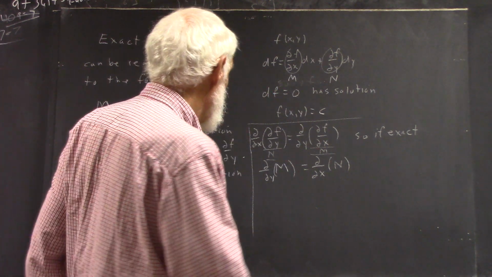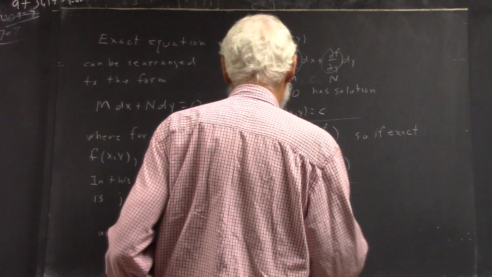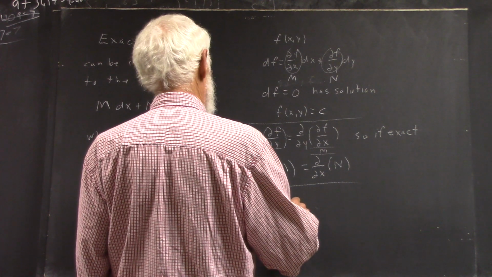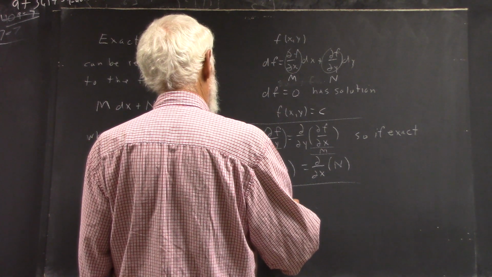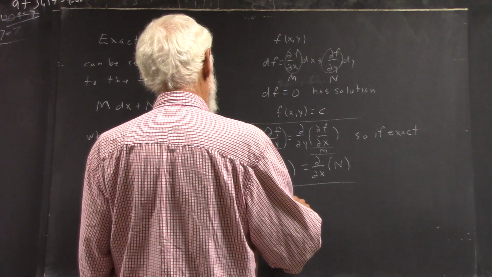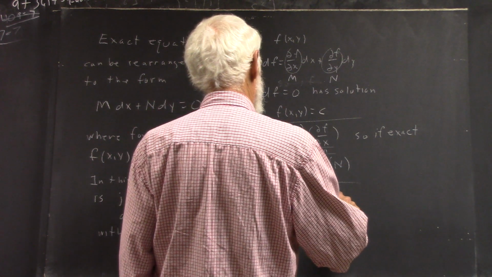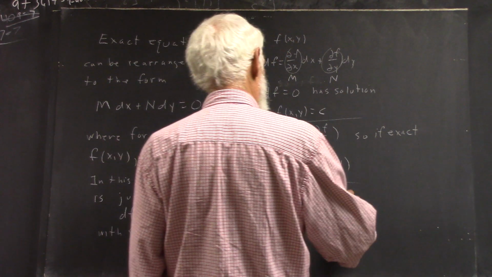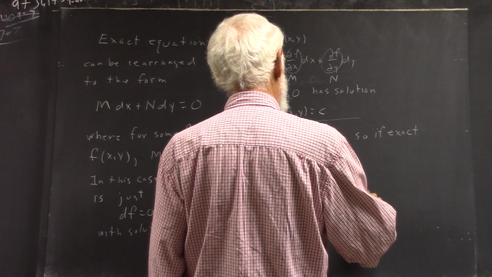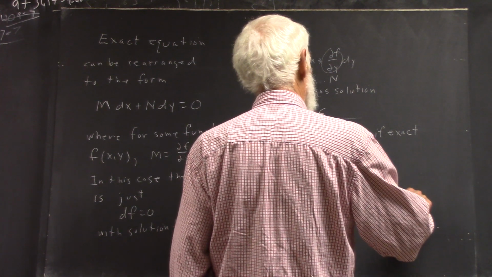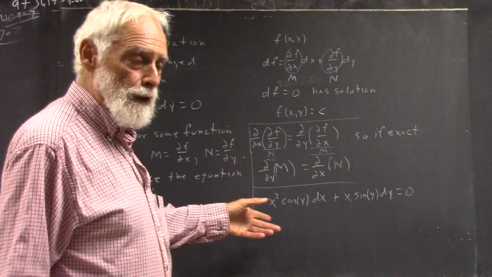So if I write down just any old equation, like, let's just say x squared times cosine of y dx plus x sine of y dy equals 0. Okay, is this exact?